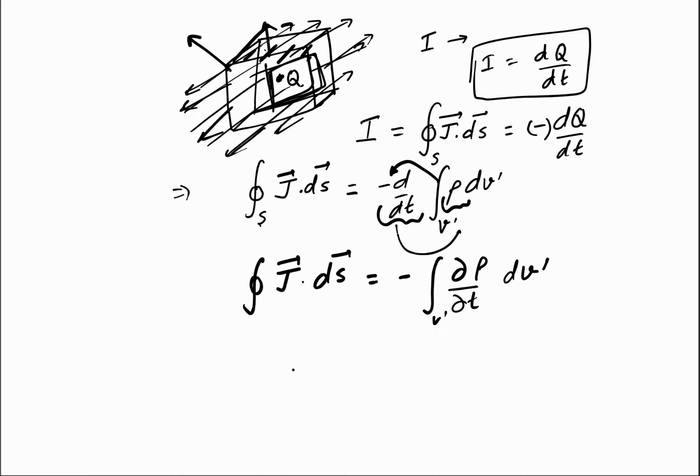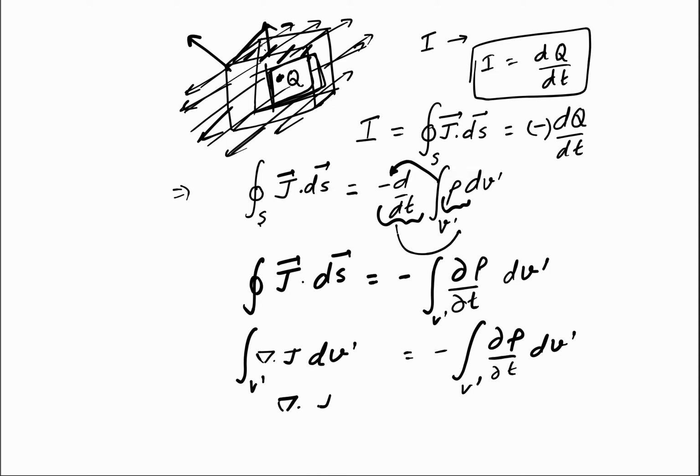Now I will use the Gauss divergence theorem. So I will write it as the integral of del dot j dv' is equal to minus the integral of dou rho by dou t dv' over the whole volume v'. Now since this integral is equal at every point, the integrands should be equal.